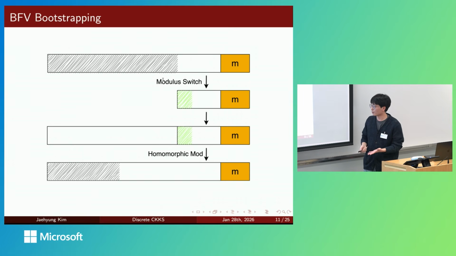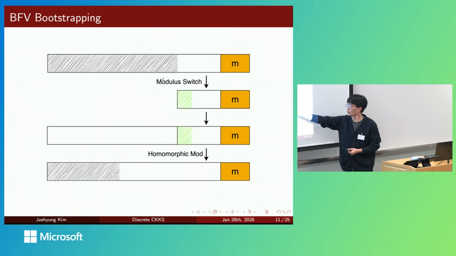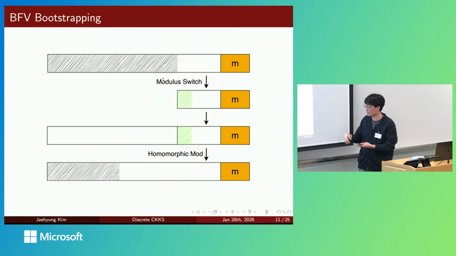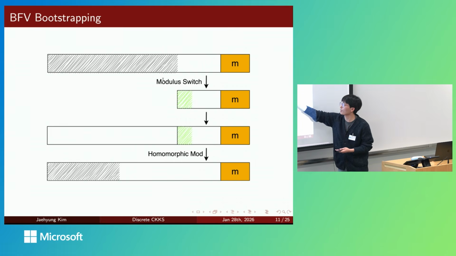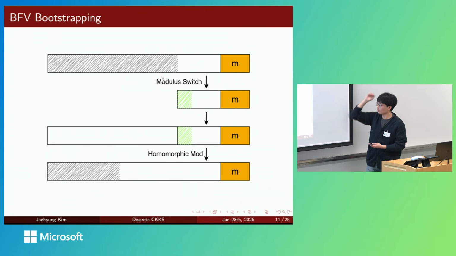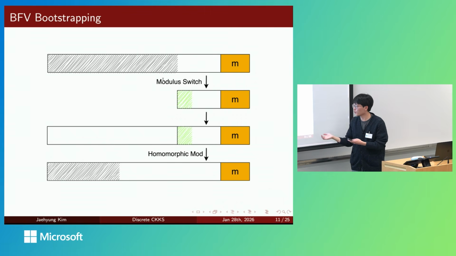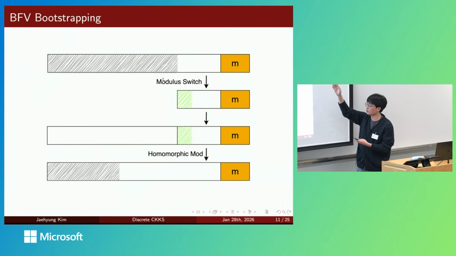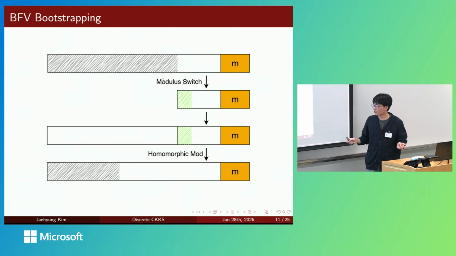And the key part is that you now evaluate a homomorphic modular reduction, which is essentially homomorphically extracting this MSB from this noisy message. Then the homomorphic operation itself would accumulate some noise, but it will be smaller than the initial noise, so that eventually it allows you to successfully bootstrap.